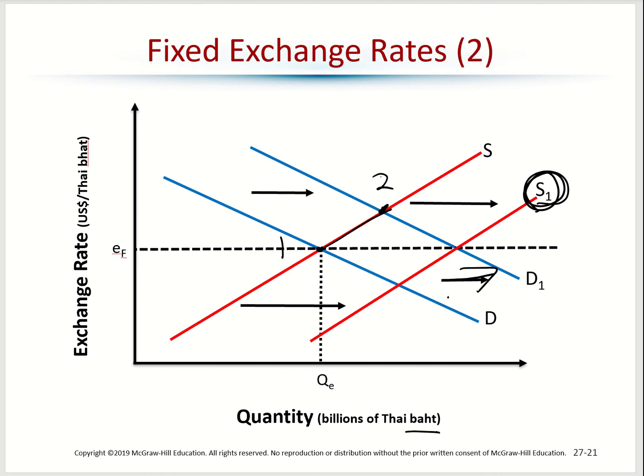So supply goes up, and then this will push the currency value down a little bit, so it goes to 0.3, and then you are staying at the same level as before. So that's how the central bank can use exchange rate policies to fix the currency value to another currency.